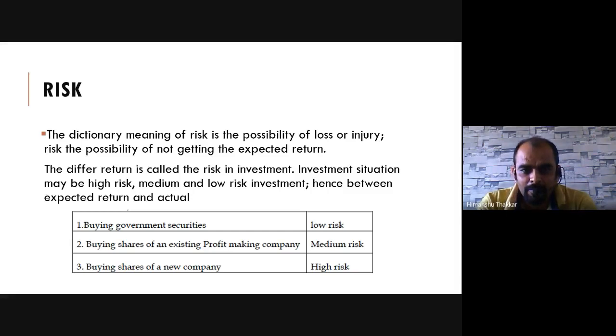And when you're buying shares of a profit making existing company that is making profit continuously, then that is a medium risk. Obviously, as per the trend, you expect that the company will keep making the profits, and thereby there is a medium risk associated with putting your money into that company.